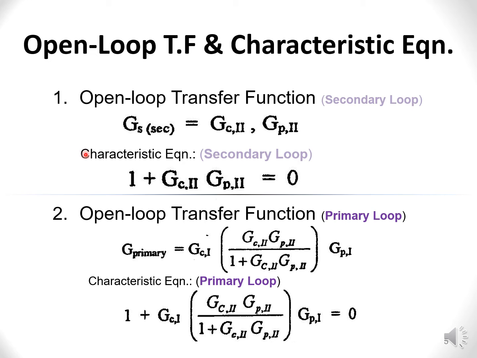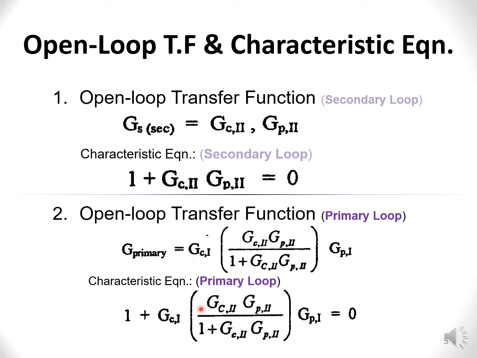And once we have that for the secondary loop, we combine it with the outer loop. We have the controller for the primary loop plus the closed loop for this secondary loop given by this, and the process of the primary loop, which is the reactor itself, the CSTR itself. So the characteristic equation is just 1 plus this open loop transfer function again.